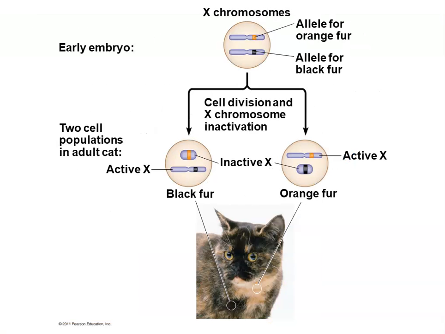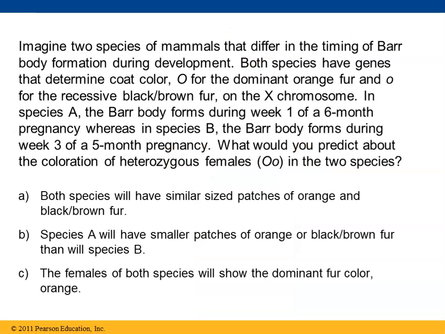And so here you see that there are alleles on the X chromosome for fur color, orange and black. And so in cats here, we see that you can have splotches of black and splotches of orange, depending on which X chromosome was inactivated and which gene products are being produced by the active X chromosome.